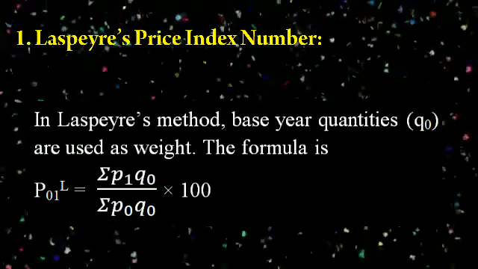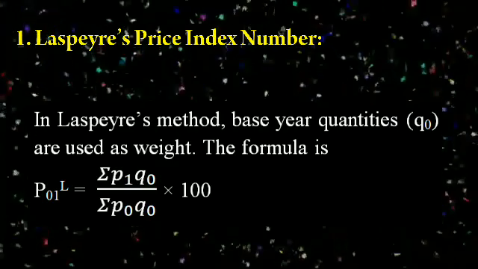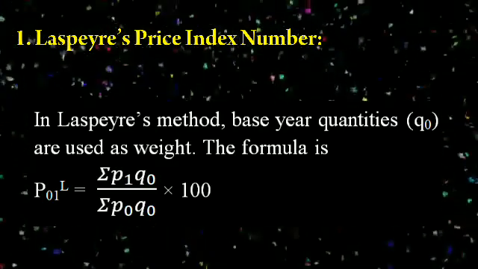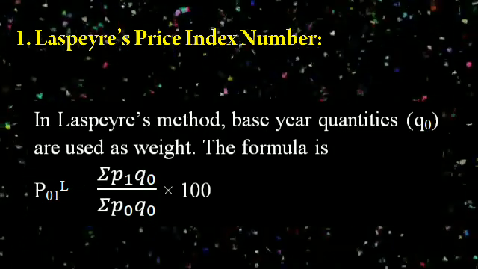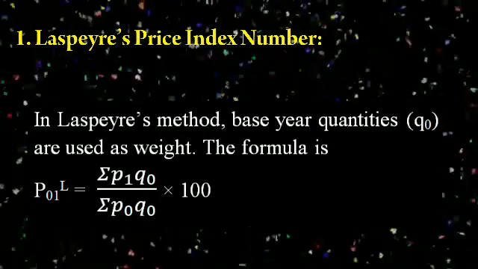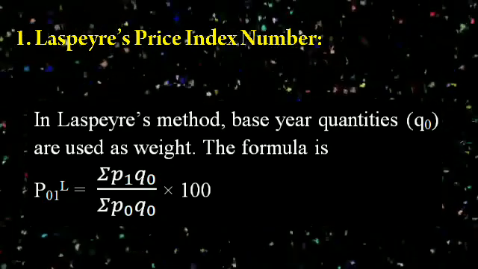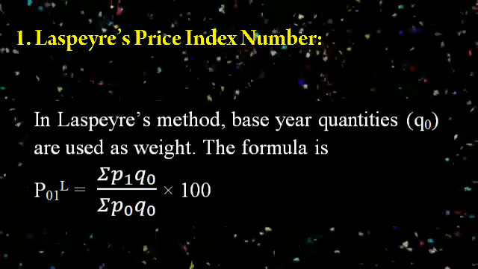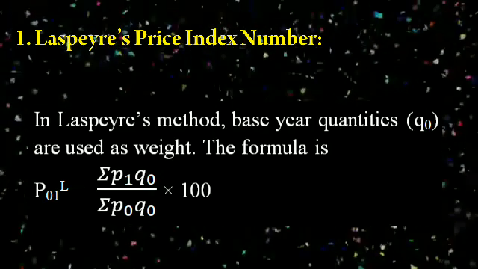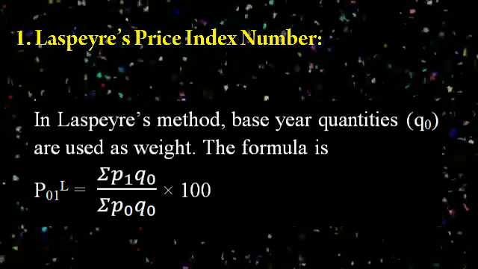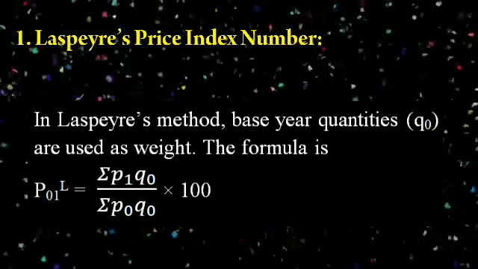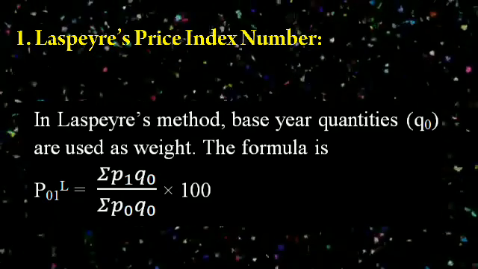You are finding the price relative for the current year 1 with respect to the base year 0. So P01, L represents the name of the person, Laspeyres. So P01 of L equal to sigma P1 Q0 divided by sigma P0 Q0, multiplied by 100.